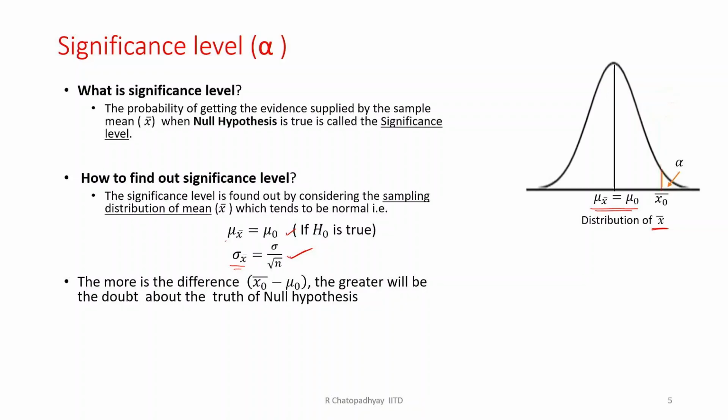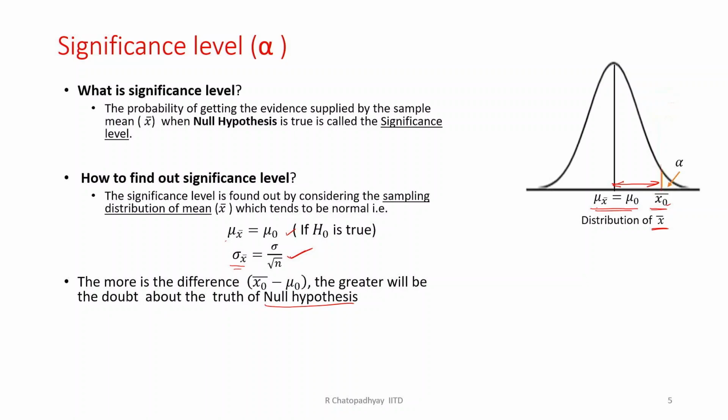Now, if we find that the mean of a sample that we have chosen has a value x0 bar, where 0 means observed, then the difference between these two, mu x bar and x0 bar, the more the difference, the greater will be the doubt about the truth of the null hypothesis.